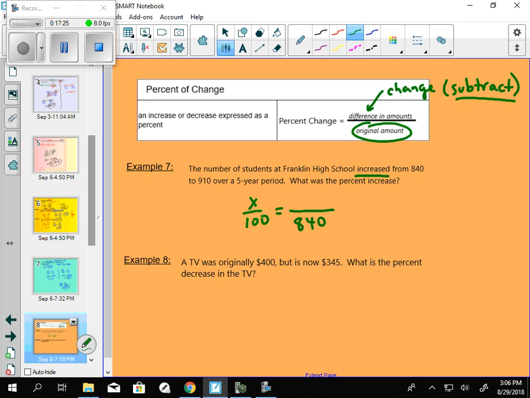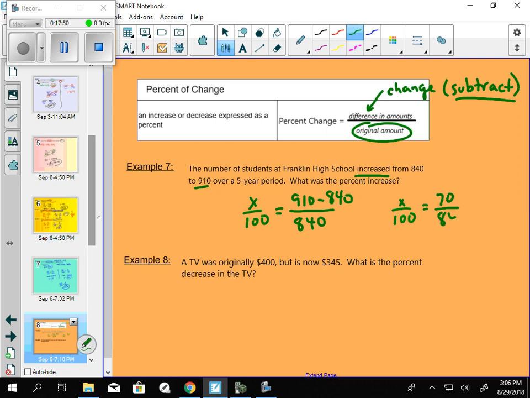On top, we need the difference. To find our difference, we subtract the original and new amounts. So we take 910 minus 840, and doing a quick little math, that gives us a change of 70.